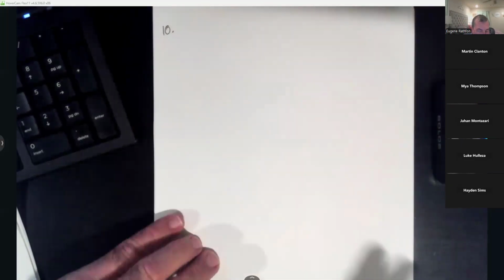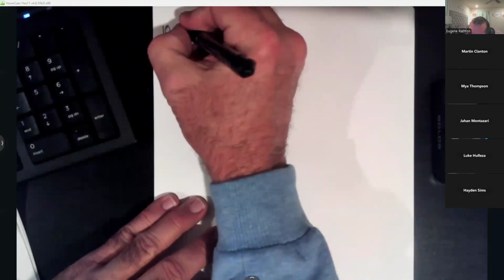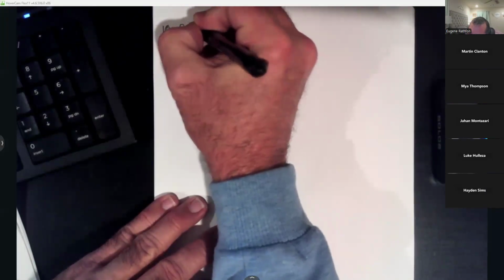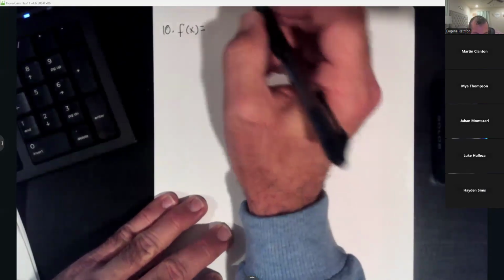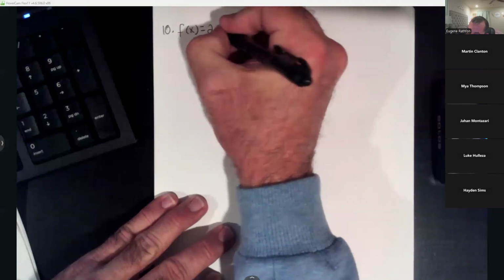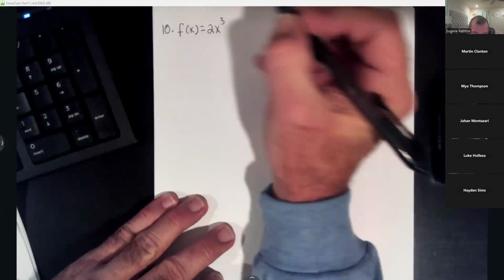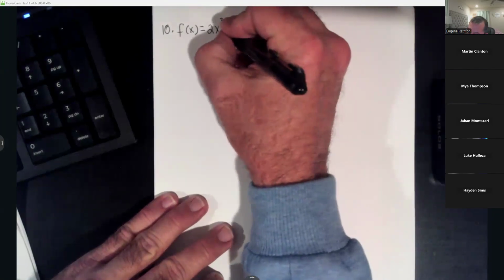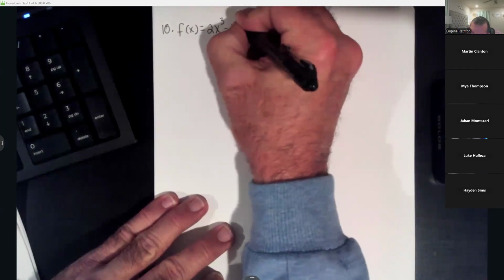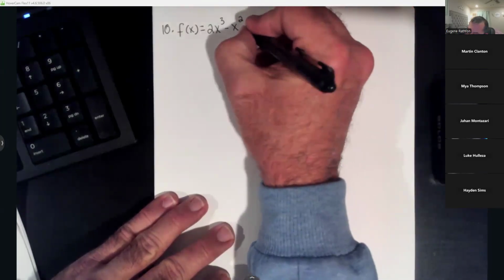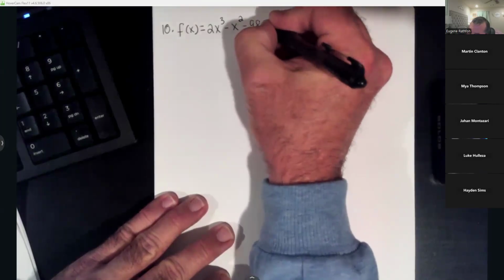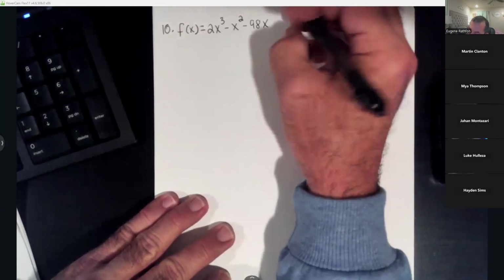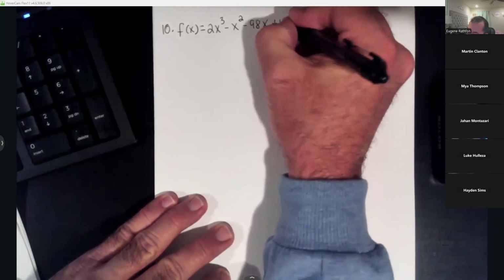All right, y'all, same thing on number 10 as number 9. I got f of x equals 2x cubed minus x squared minus 98x plus 49.